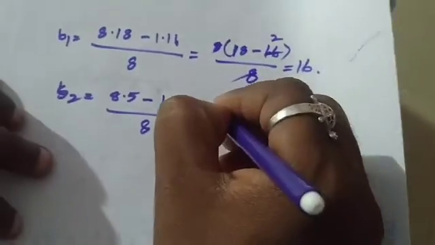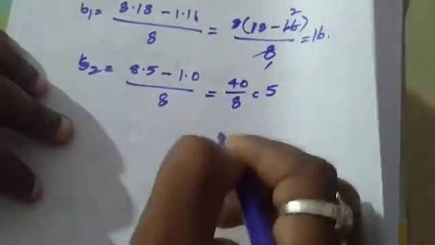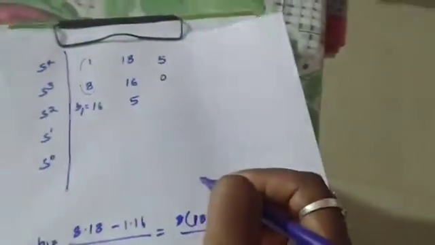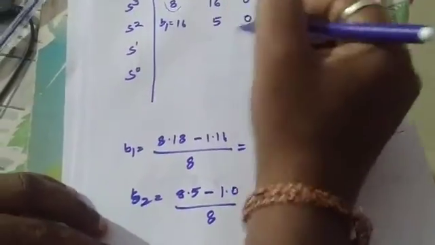So 40 divided by 8 is equal to 5. B2 is equal to 5. Now the next term is not there, so you have to put 0.